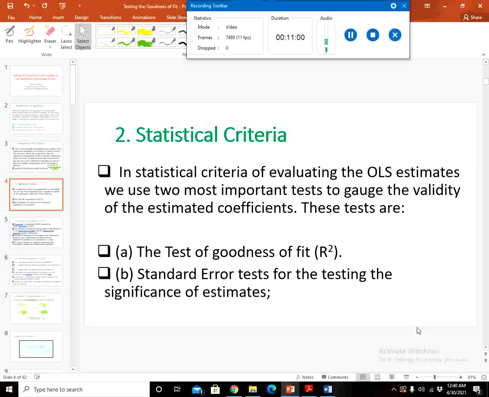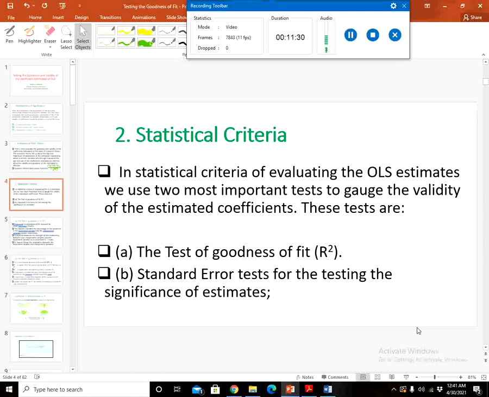While evaluating the estimations, we use two types of statistical criteria. Number one is the test of goodness of fit, that is called R square, and the second one is the standard error test for testing the significance of the estimate.